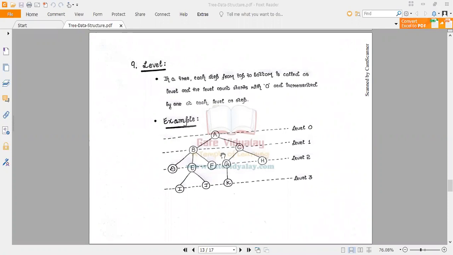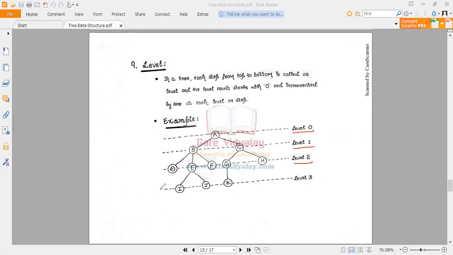So you can very clearly check from the example over here. A is the first level, and we will be starting the level from 0, so it will be considered level 0. Then afterwards we have the next hierarchy, which is called level 1. Then we have level 2.